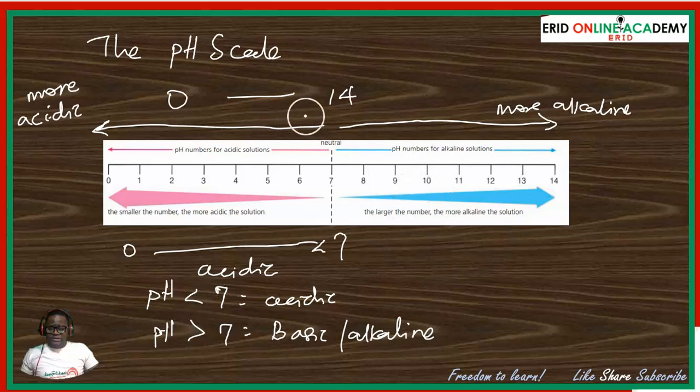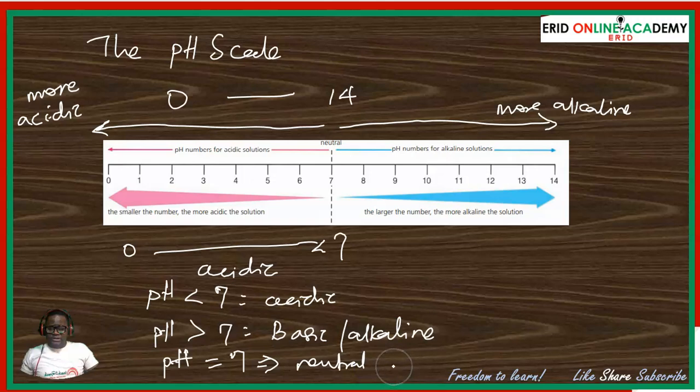The lower the pH, the more acidic the substance is. The higher the pH, the more alkaline the substance is. So if a solution has a pH equal to 7, then that solution is said to be neutral. For example, pure water will have a pH of 7.